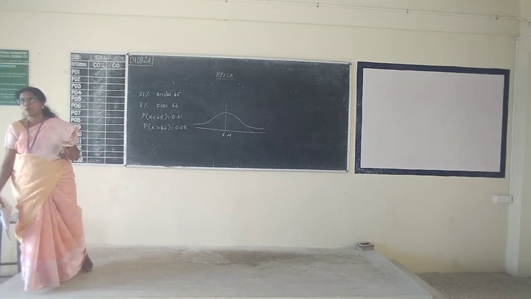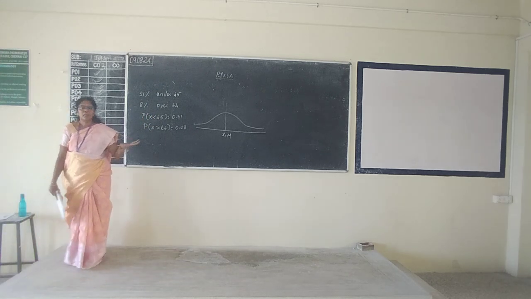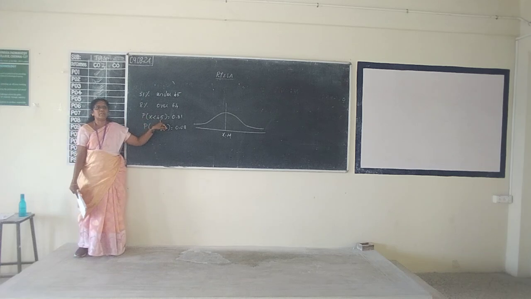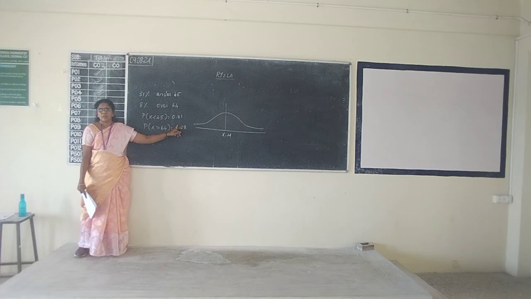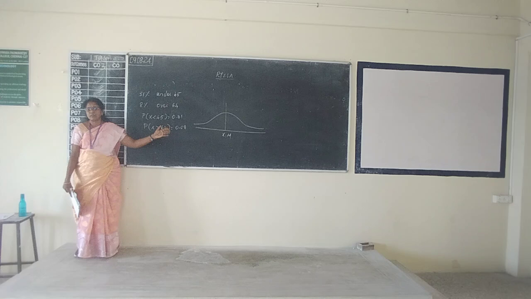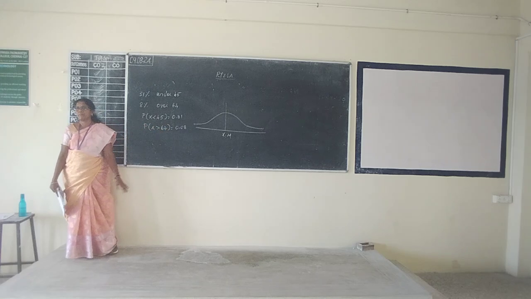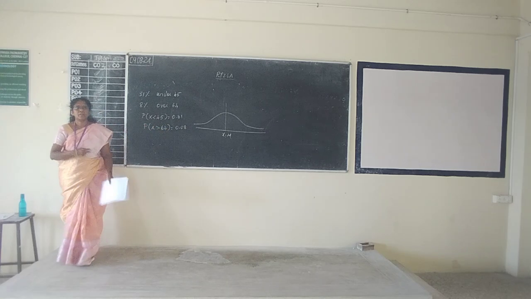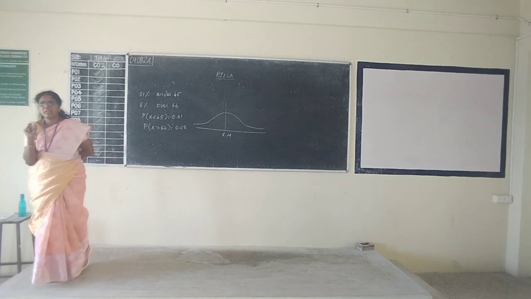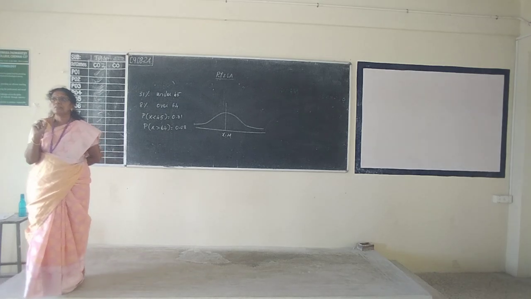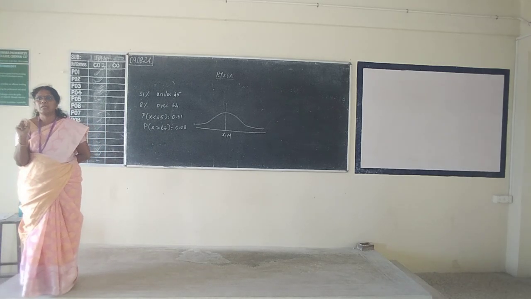But that will not work out in our case. We are given that less than 45 is 31%. Can I mark 45 on the left side or right side? Left side, because the area value given is 0.31.